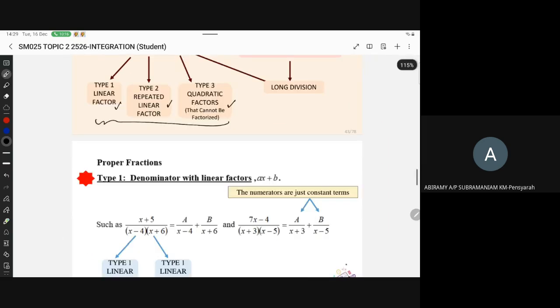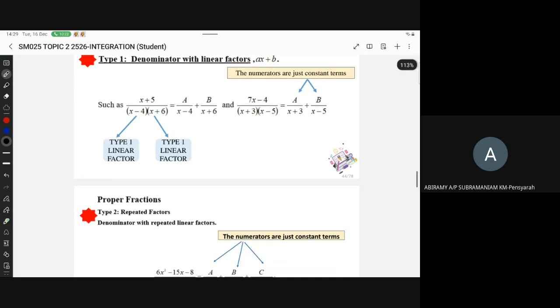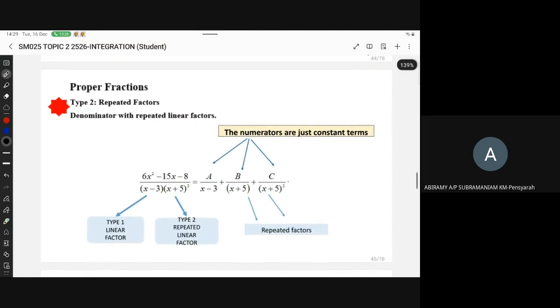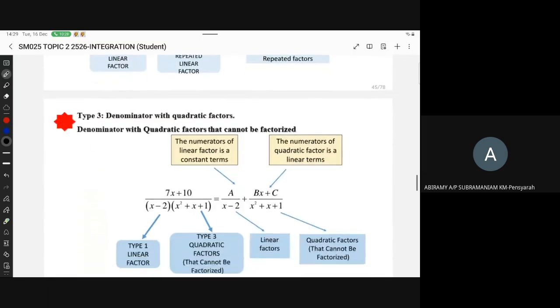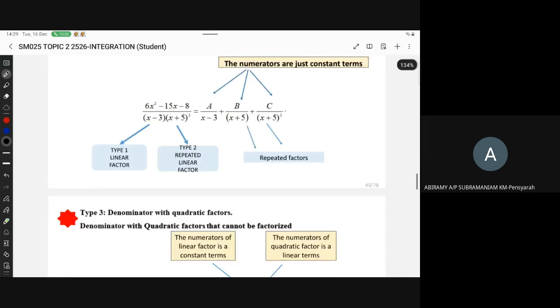We have given the notes here on proper fractions with linear factors, proper fractions with repeated factors, and proper fractions with a quadratic that cannot be factorized. So you can look back into our lecture notes.